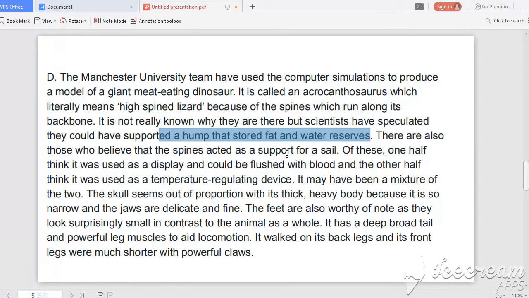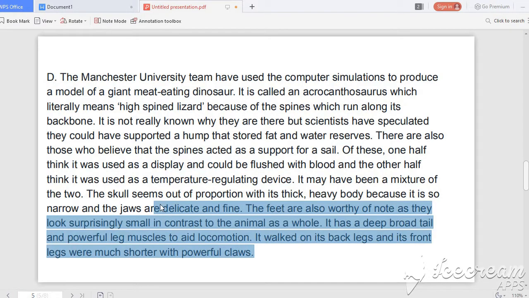Some say it acts as a support for a sail, some say it's a temperature regulating device, but this passage didn't talk about anything about the movement of dinosaurs. So I think the answer to that question is not given.